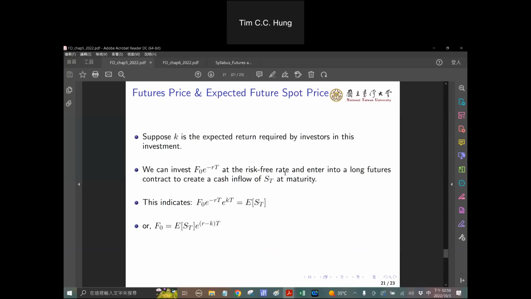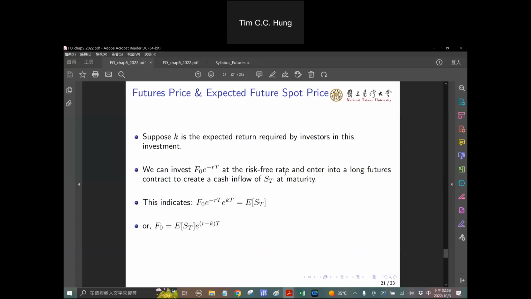Futures price, just think about it as some kind of dollar value. We discount it back to present. We need to get prepared for this amount to buy something that is worth something at maturity. I haven't shown you this notation yet, but we have been talking about S0. What is S0?